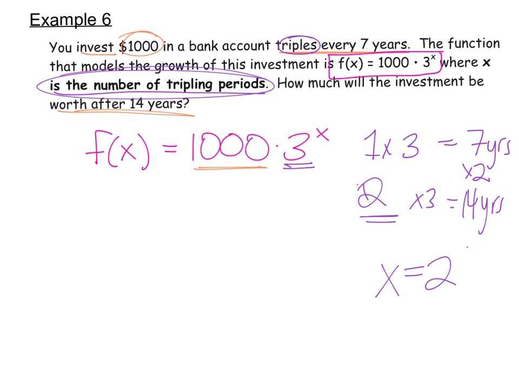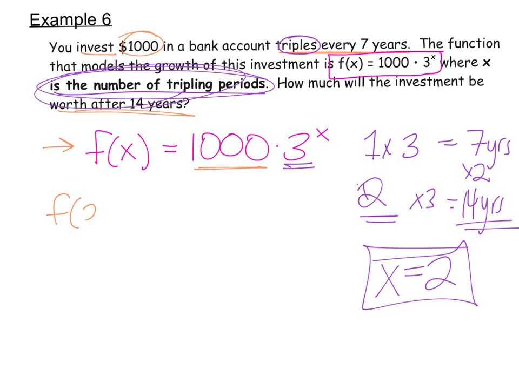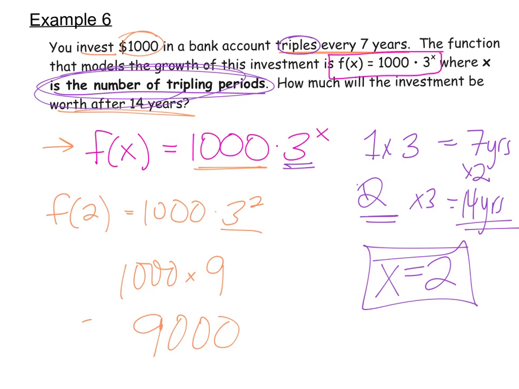So our x value is going to be 2, because that's how many times our money tripled. It's not going to be 14, just so you make a note of that. So let's go ahead and plug in 2 into our function. So f of 2 tripling periods is 1,000 times 3 to the 2. Well, 3 squared is 9. So 1,000 times 9. Our money is going to be worth $9,000.